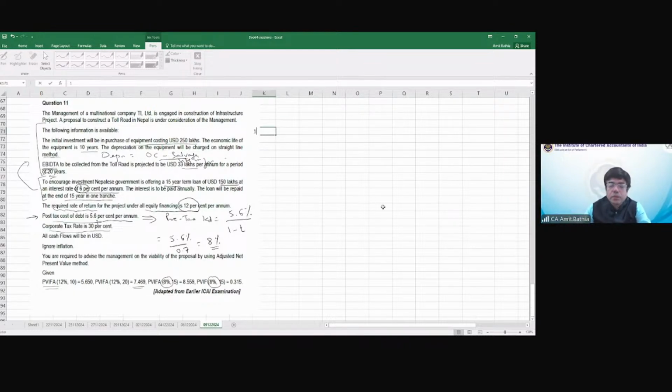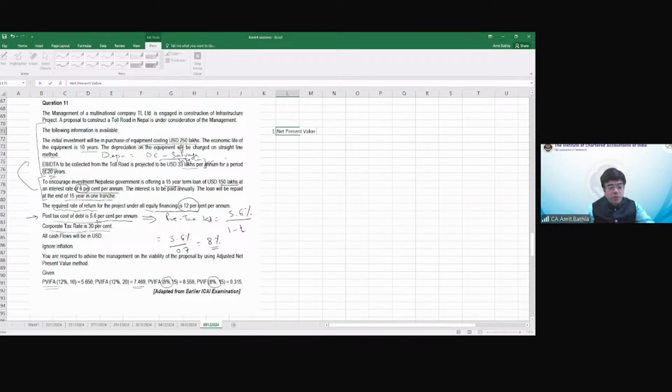So first, I'm going to start with net present value, NPV. Management of a multi is engaged in construction of infrastructure, proposal to construct a toll road.